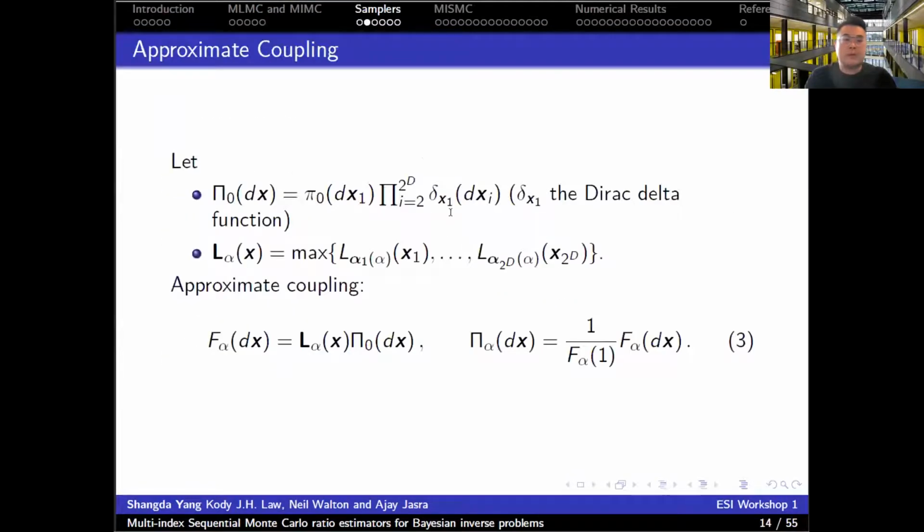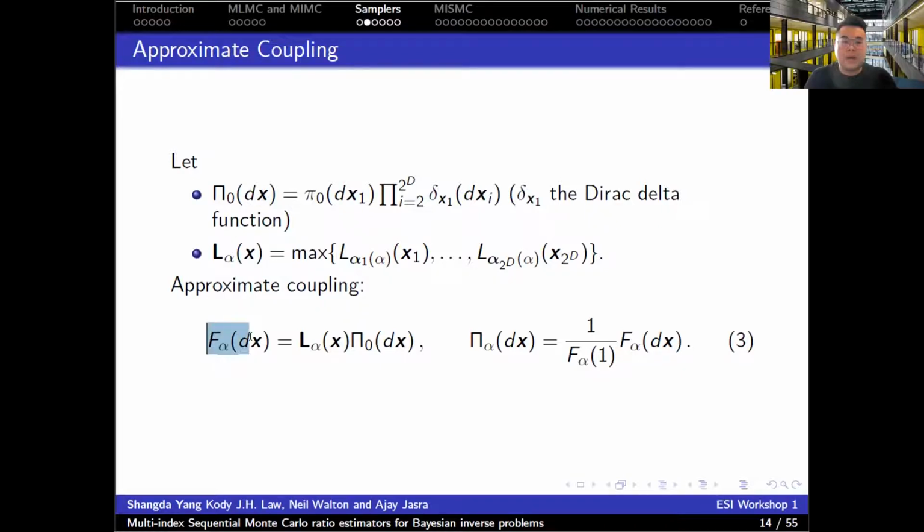Now, samplers, and how we can sample from the target distributions. We first construct an approximate coupling. We let capital pi be the coupling of the prior. Note that this is the exact coupling of the prior distributions. We also let alpha be the maximum among all the likelihoods in different indices, and define the approximate coupling like this.